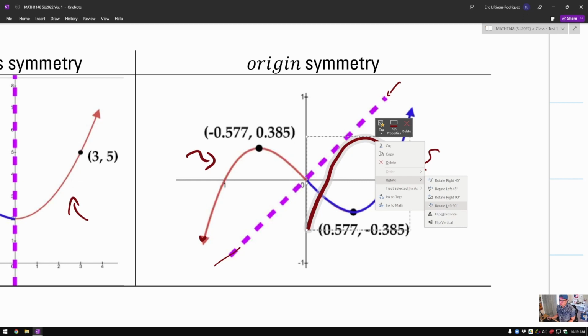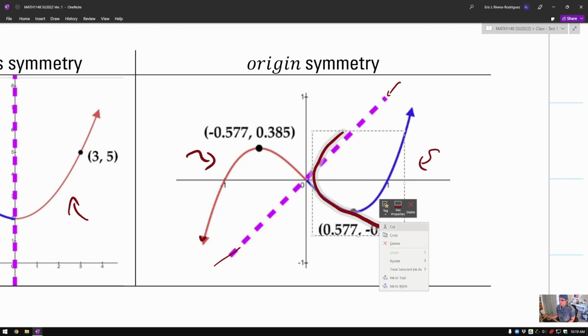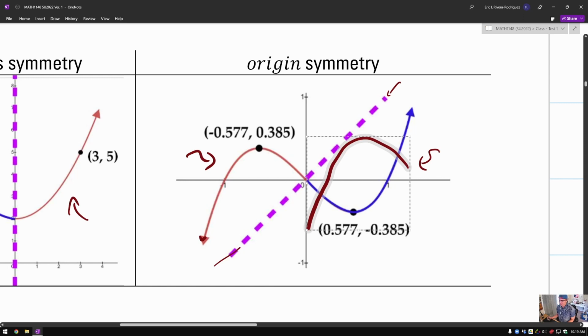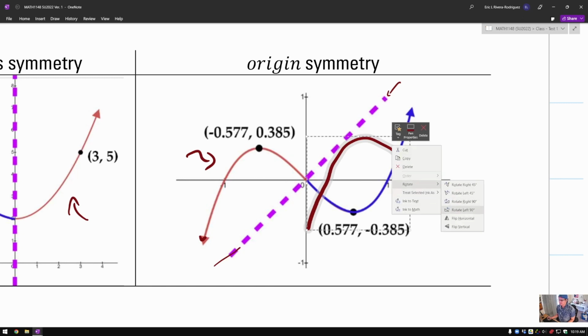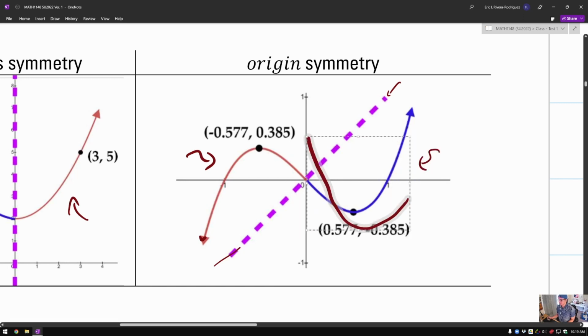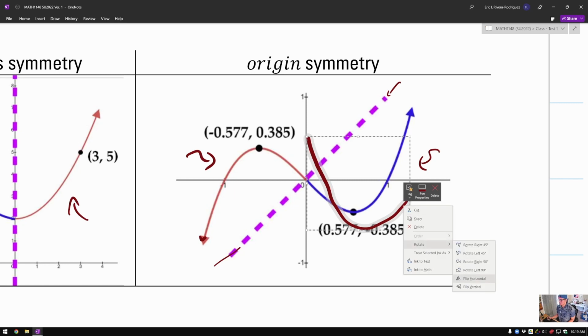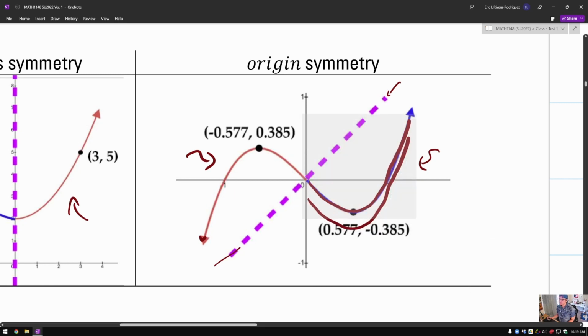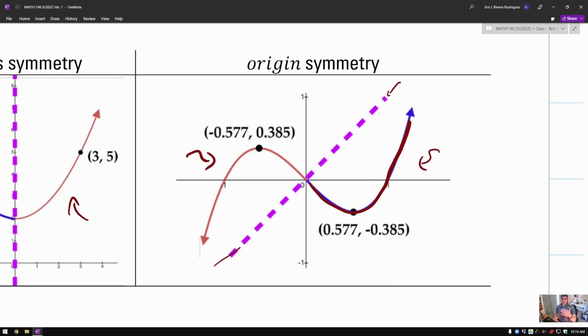Let me see. Yeah, this software is not too good for rotation, so let me see if I can flip it just vertically and then flip it horizontally. Yeah, okay, there it is. Thank you, Timothy. Okay, so with respect to the origin, what we are going to do is reflect it across one axis first and then across the other axis. Okay, so that is the mirror effect.